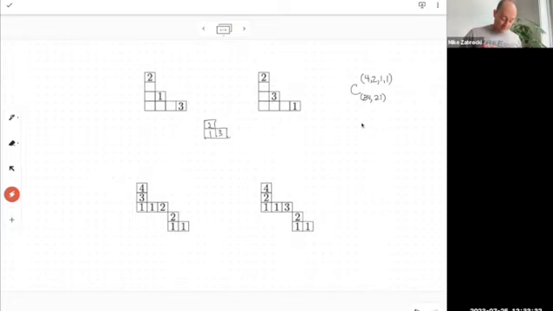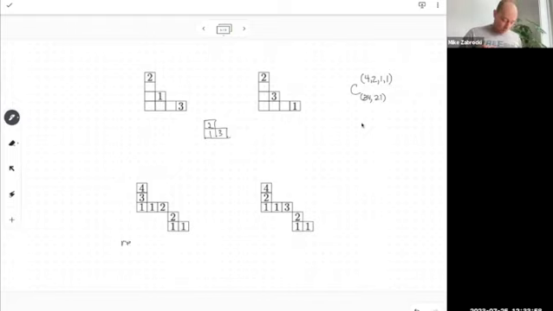That is, if I read from the bottom right to the top left, that reading word has at least as many 1s as 2s, at least as many 2s as 3s, at least as many 3s as 4s.